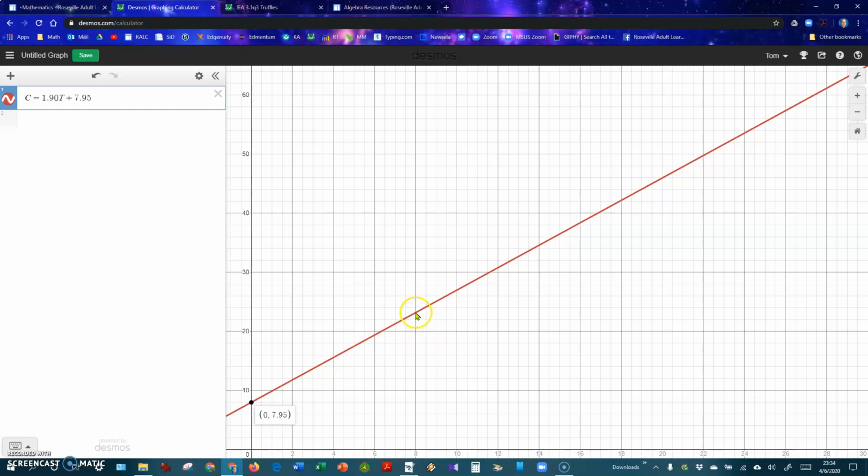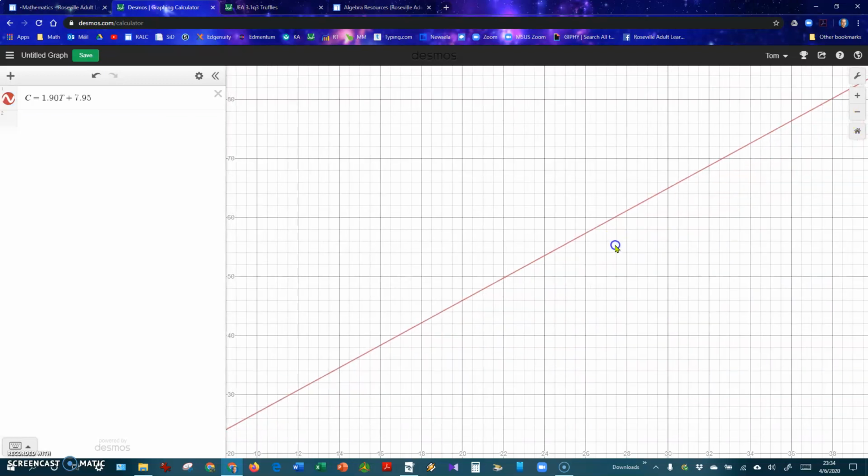We have our 8 truffles right there. We have our 12 truffles. So let me get that right on there. And then our 30 truffles, which is off the screen here, but I can always drag it over. 30 will be right about there. Not exactly lined up, but close enough. $64.95 if we were to mark that on there properly.